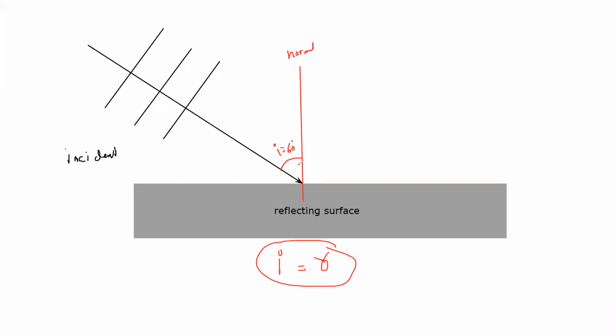So what you have to do is draw the normal and, using a protractor, measure this angle. Place the protractor and draw 60 degrees for the angle of reflection.